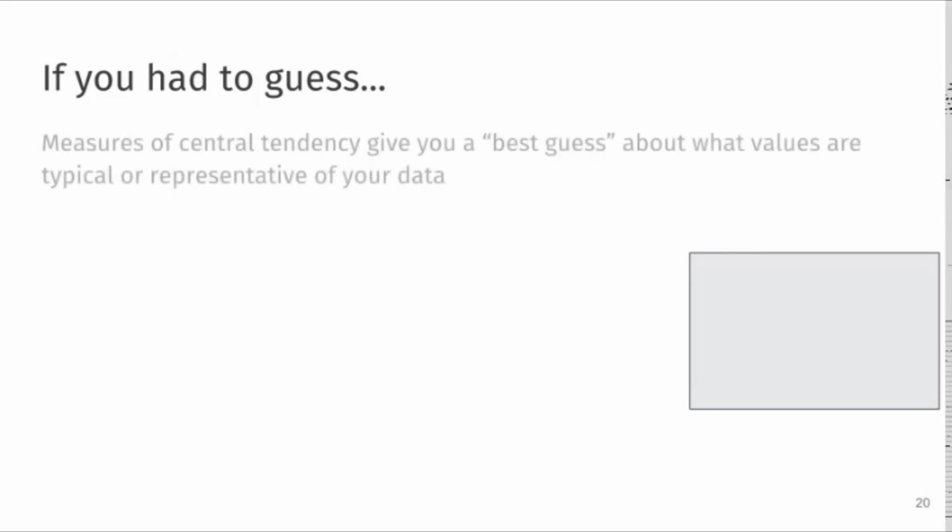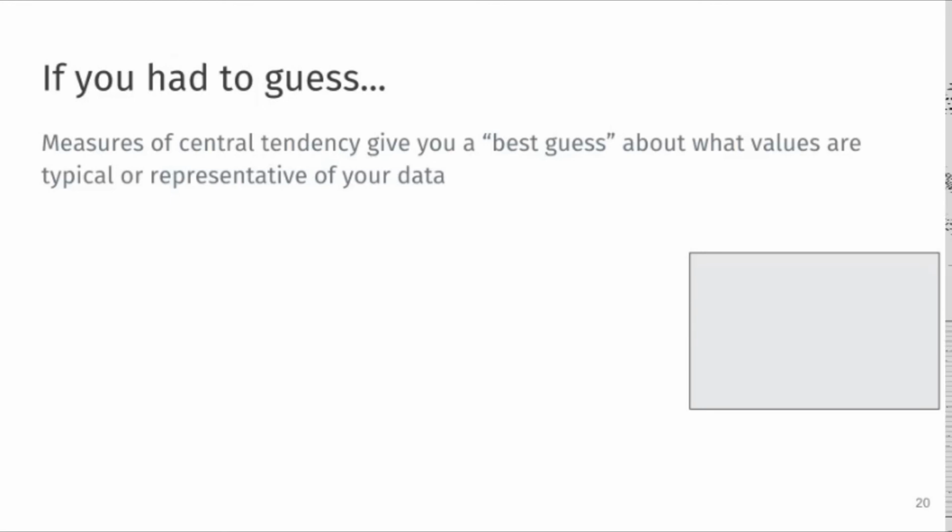So, to go back to our set of questions about what statistics is about that we talked about even on the very first day. The measures of central tendency, whether the mode, the median, or the mean, can give you a best guess about what values are typical or representative of your data.